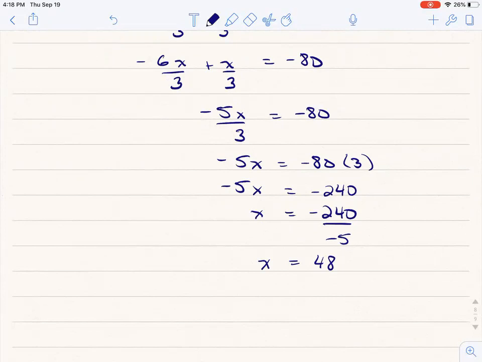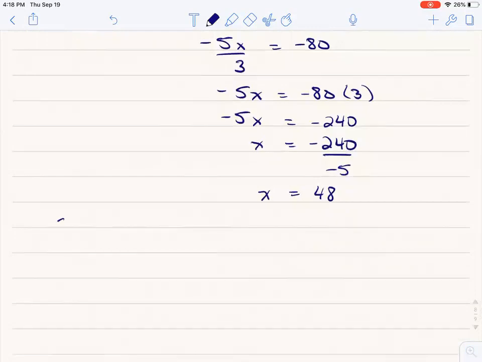Now I know x is 48. Now I can solve for y, right? There's no way I'm using equation 2 because it has a fraction in there, no thanks. But I can use equation 1. So I'm going to substitute x equals 48 into equation 1, which says that y is 180 minus 2x.